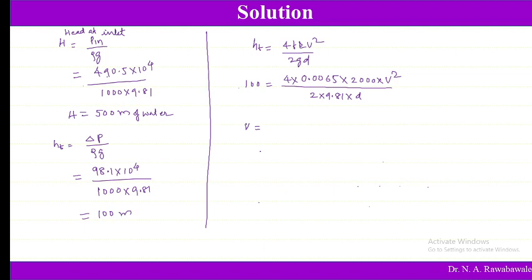So just we see here 100 is equal to 4 f L v square divided by 2 g d.